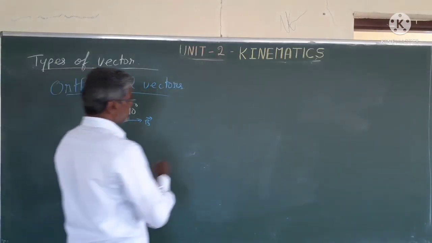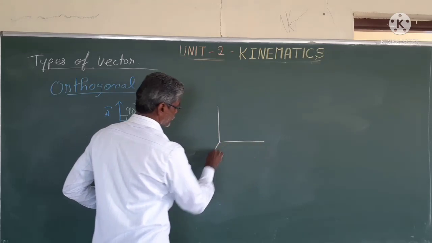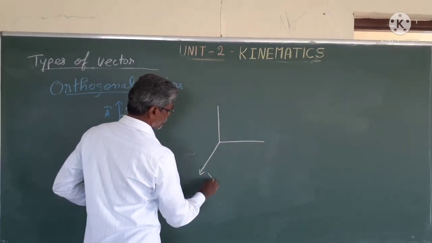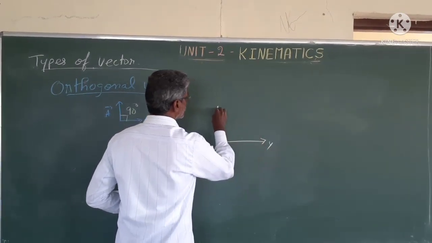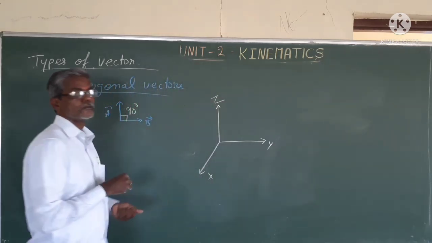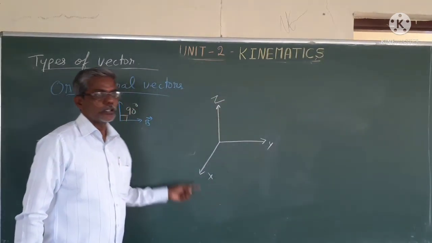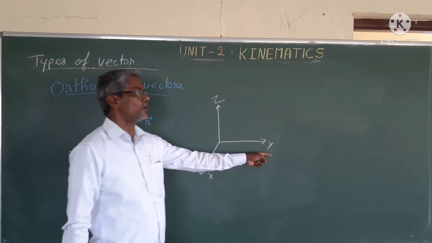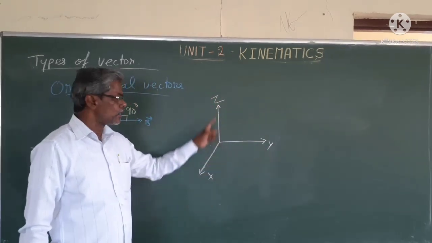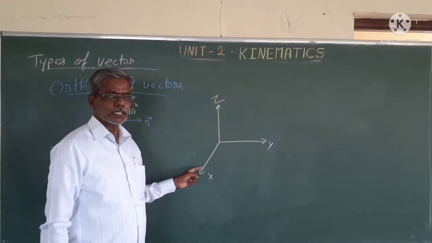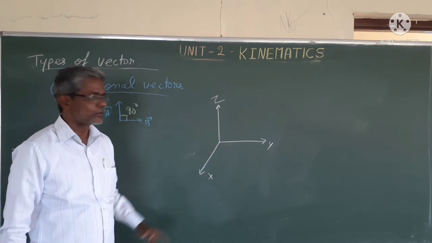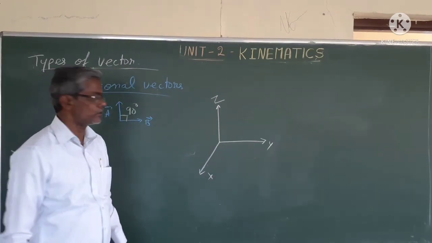Now you take this one. Three coordinates, that is x coordinate, y coordinate, z coordinate. They are mutually perpendicular to each other, that is 90 degree. So I can call this one orthogonal vectors.